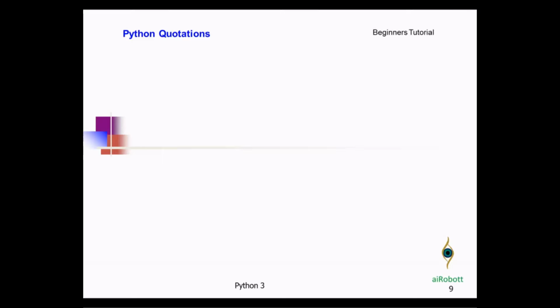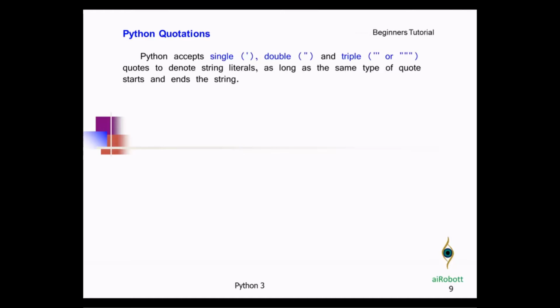Python quotations. Python accepts single quotation, double quotation, and triple quotations for writing strings. If you use the single quotation at the beginning of the string, you have to use that single quotation at the end of the string.